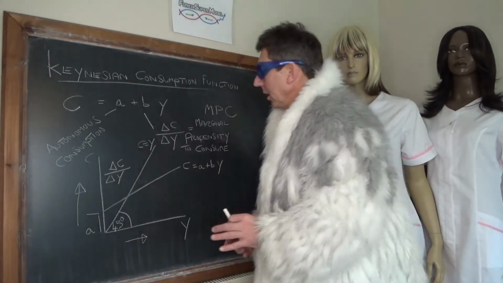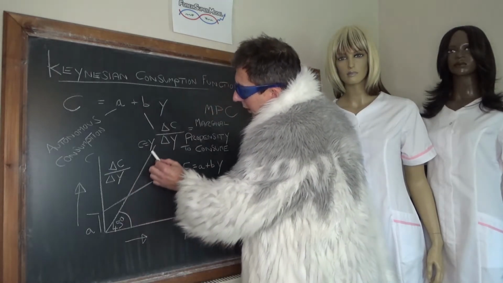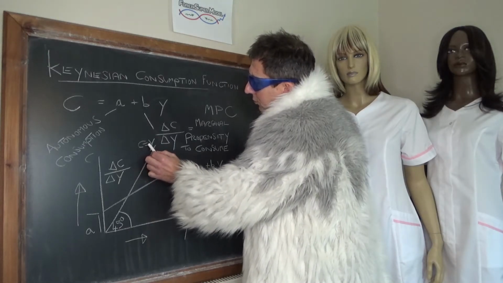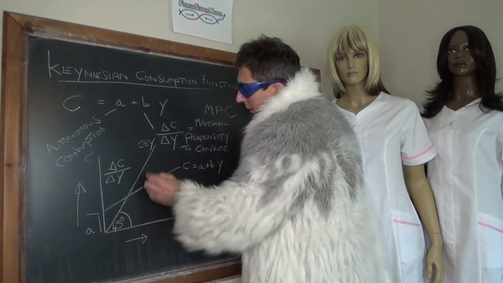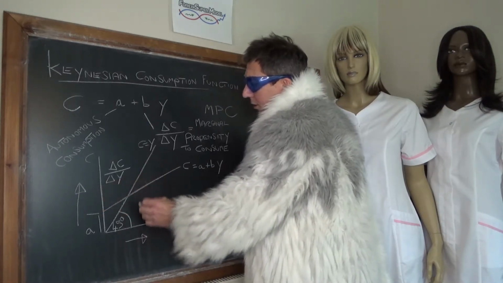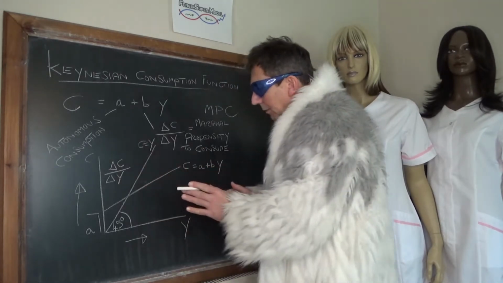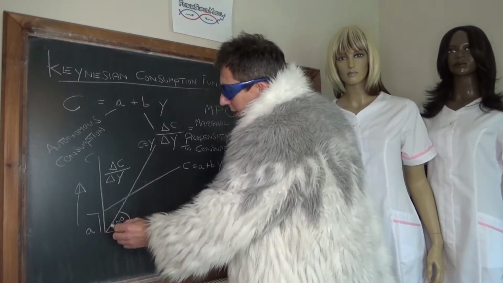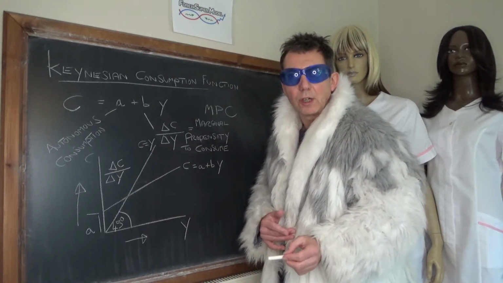If you look at the diagram here, we've drawn in this 45-degree line, which is where consumption equals income, because at all these points your consumption will be identical to your income. That's an important point as well, because that means along this line you're consuming all your income, your savings are zero.